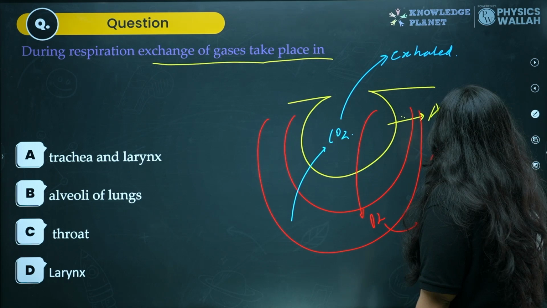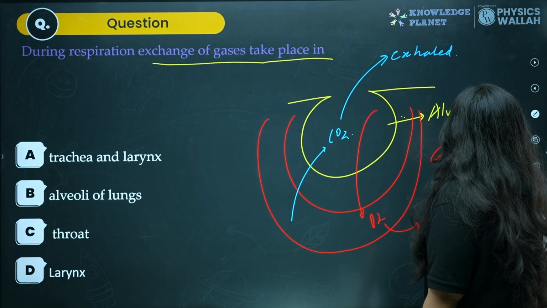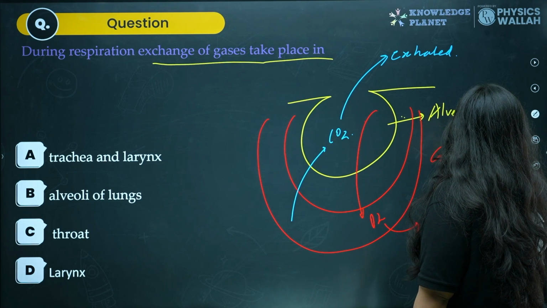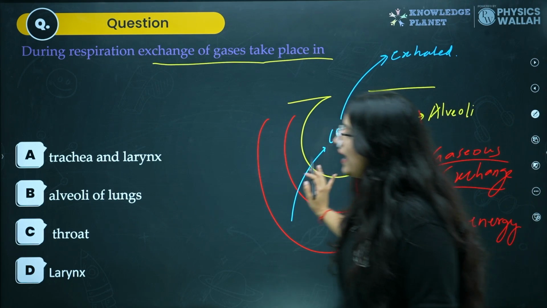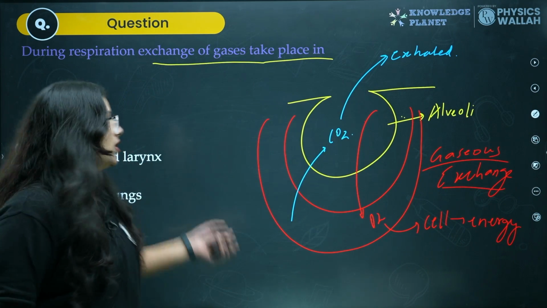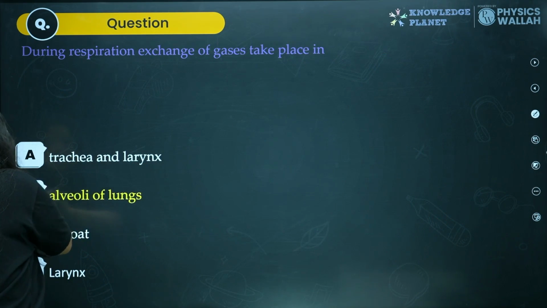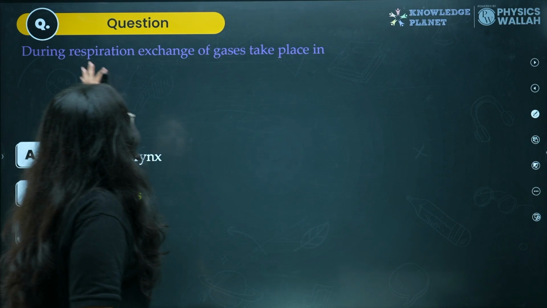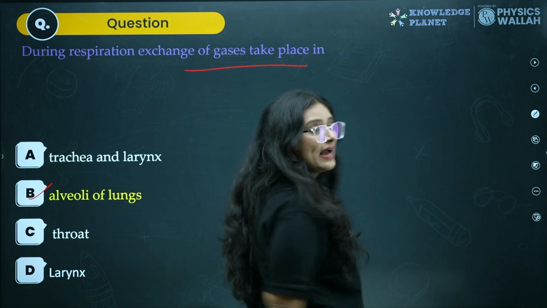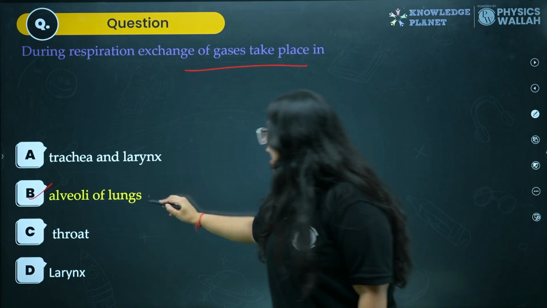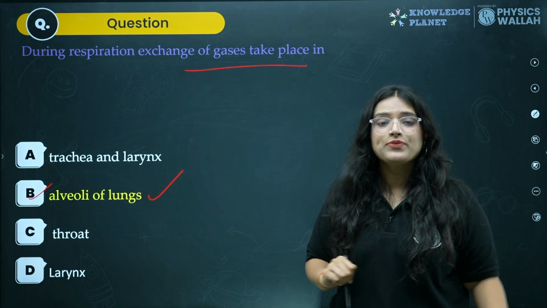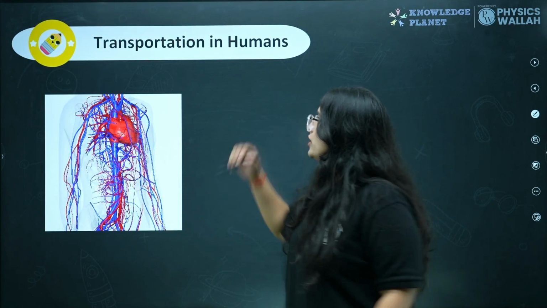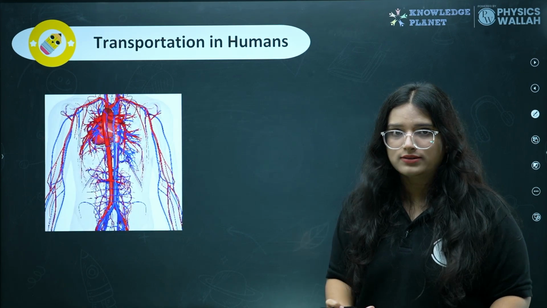So this gaseous exchange is happening in the alveoli, which are present in the lungs. So here the correct answer is option B: during respiration, exchange of gases takes place in the alveoli of the lung. Now moving forward to the next type of life process.